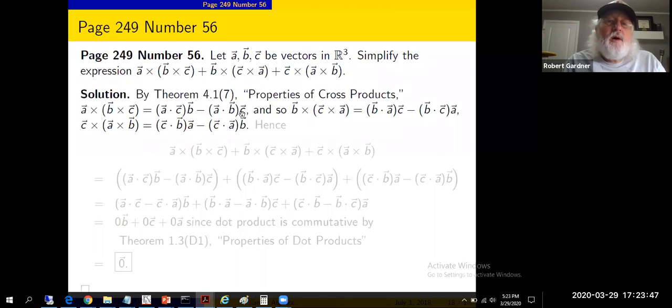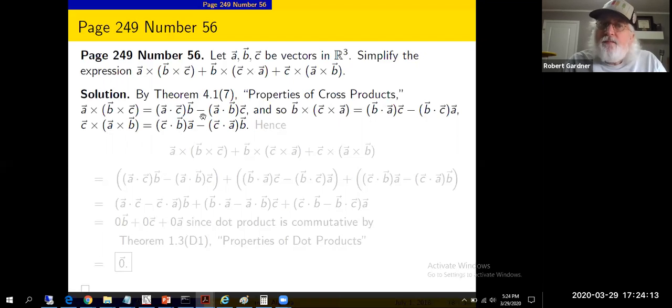Okay. One of the properties, one I said we're probably not going to use very much, was a relationship between a cross product of three things and some dot products. It was exactly this: A cross the product B cross C equals dot product times B minus dot product times C. So what we can do is expand all three of these according to this rule.